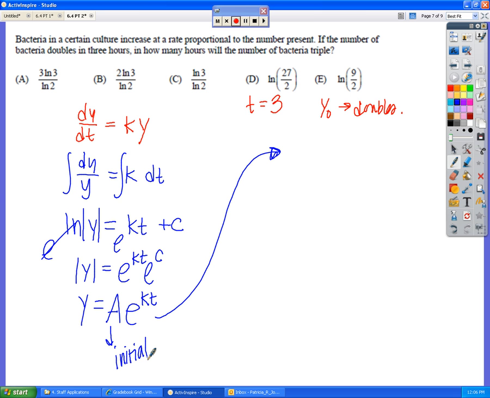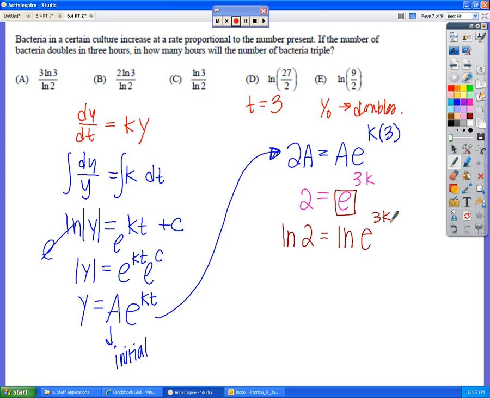Then if it's going to double, then my ending amount would be double that, 2a. My formula again, a e to the k, and it took 3 hours to do that. So that is enough information to find k. So watch what happens when I divide by a. I'm left with 2 is equal to e to the 3k. Therefore, the base e is isolated, so I can take the ln of both sides.